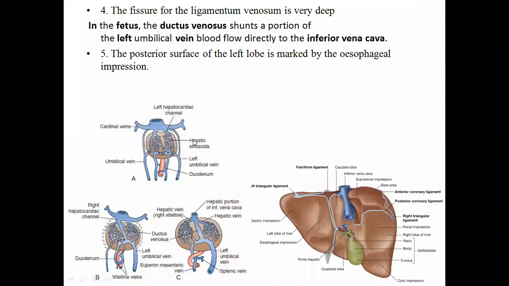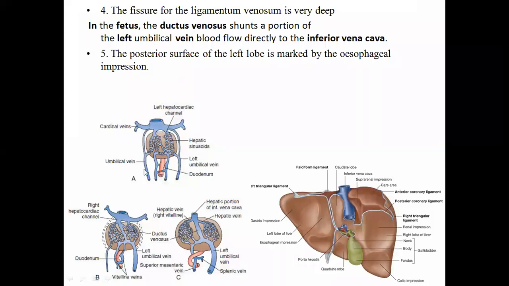It is not supposed to go to the liver because the liver is not functional. The liver is functional, but not so functional as in the adult. So the majority of the blood that is supposed to go to the liver is being bypassed through the ductus venosus, and the ductus venosus connects the left umbilical vein to the inferior vena cava.